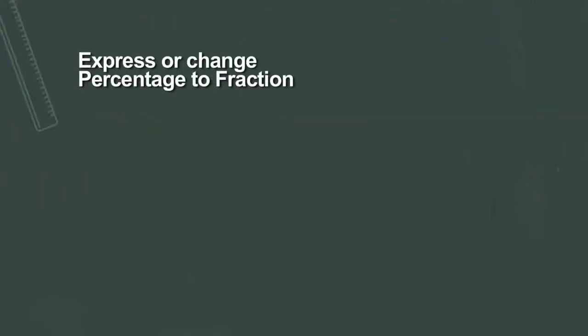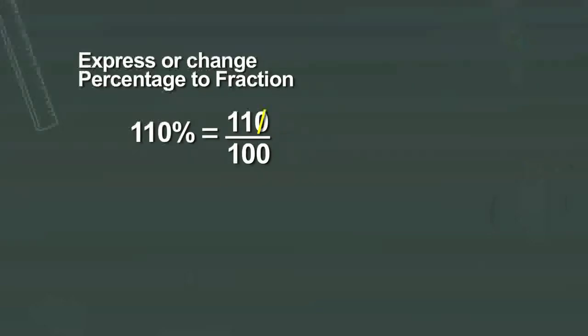How about a percentage which is more than 100%? You will write as 110 out of 100. Cancel 1 0 in numerator and another 0 in denominator. It gives you 11 out of 10.